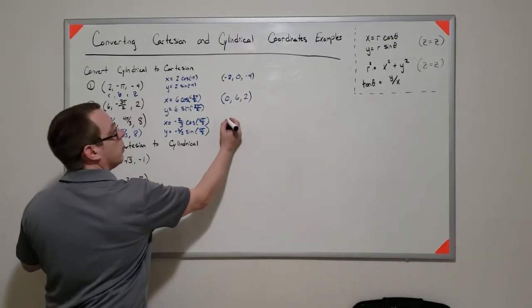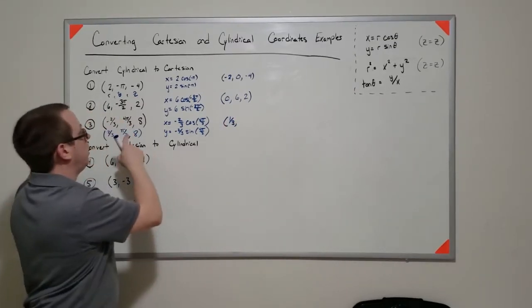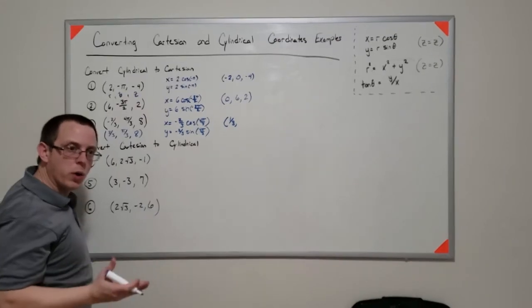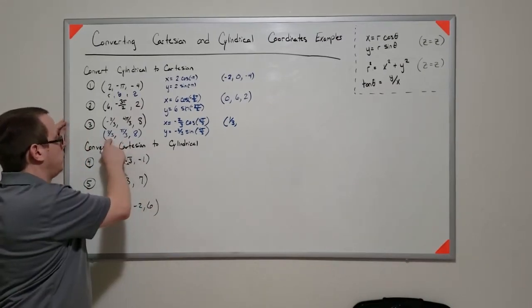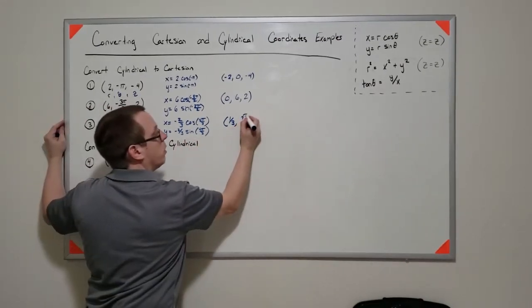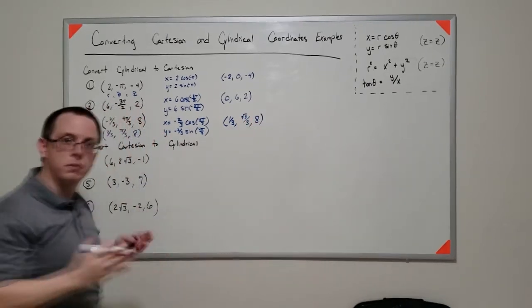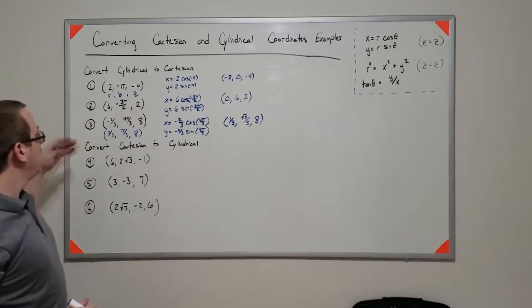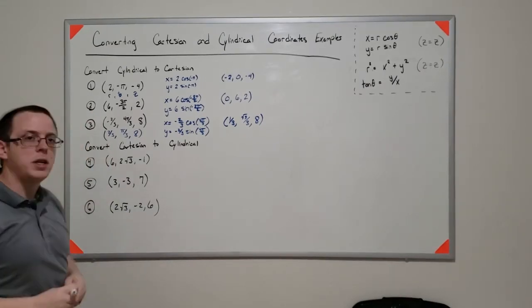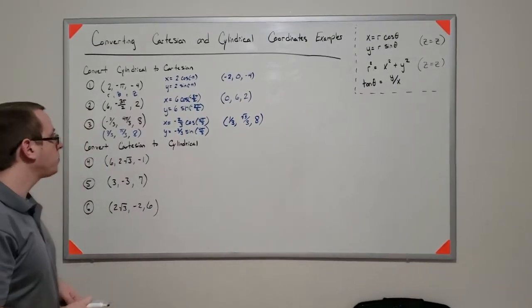So 1/2 times 2/3 is 1/3. Sine of pi over 3 is square root 3 over 2 times 2/3, which is square root 3 over 3. And then the z coordinate stays the same. Simple enough. All right. Now, let's convert the Cartesian to cylindrical coordinates.